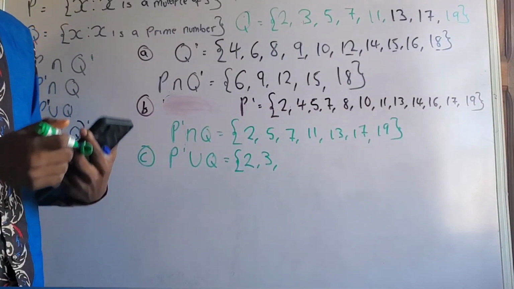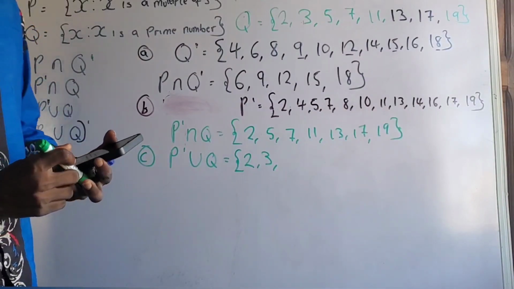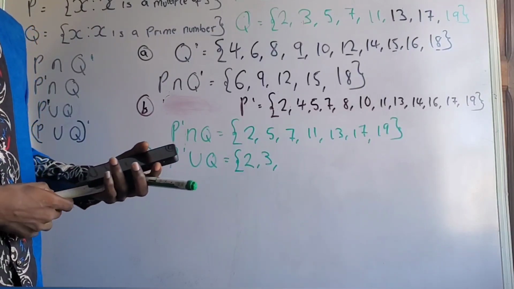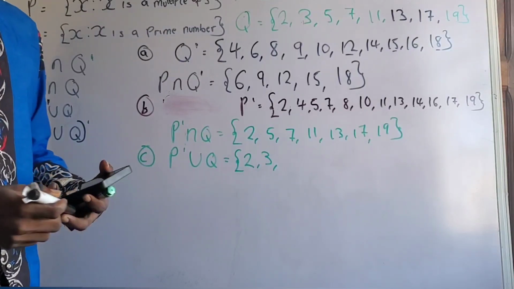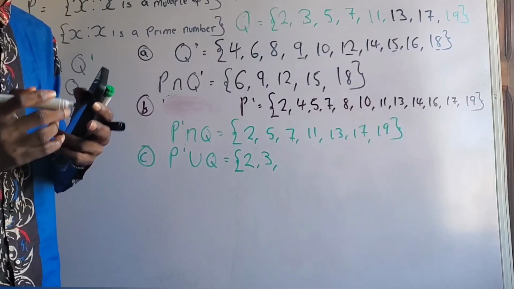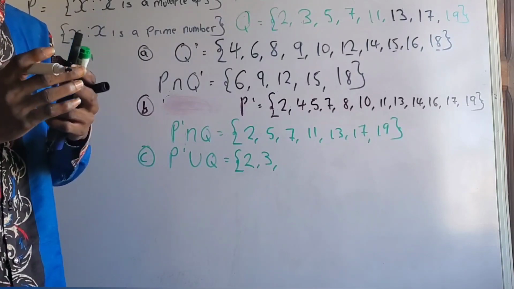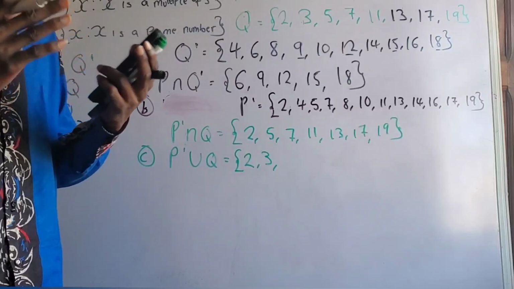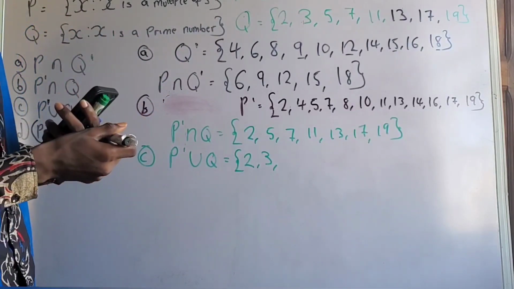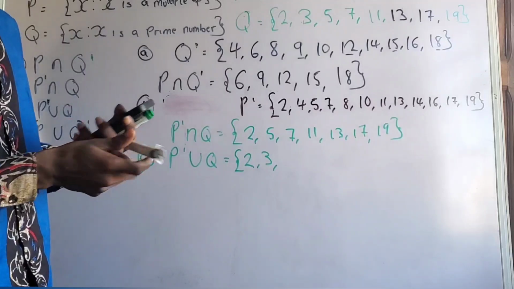So whether the elements are common or not, we're going to list out all the elements, and if a number is present in both sets, we are going to take one. That is what we call the union of a set.